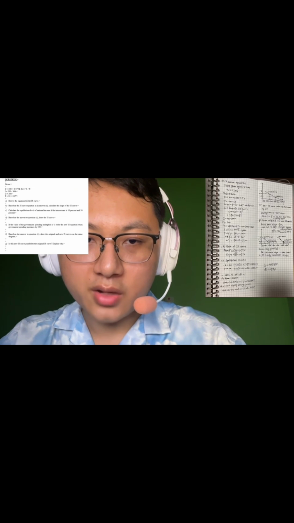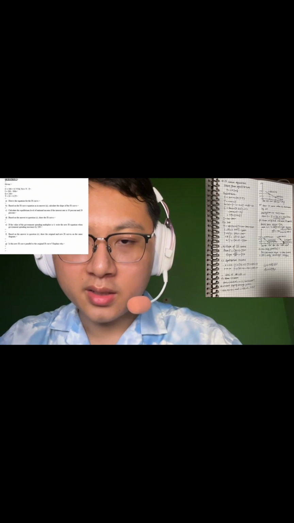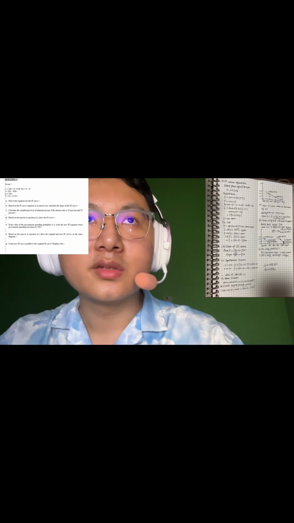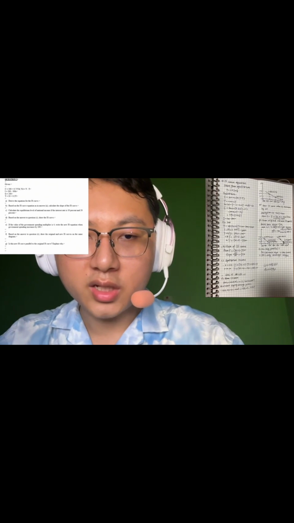This means for every 1 percentage point increase in the interest rate, equilibrium income decreases by 750 units. The third question is calculate equilibrium income.